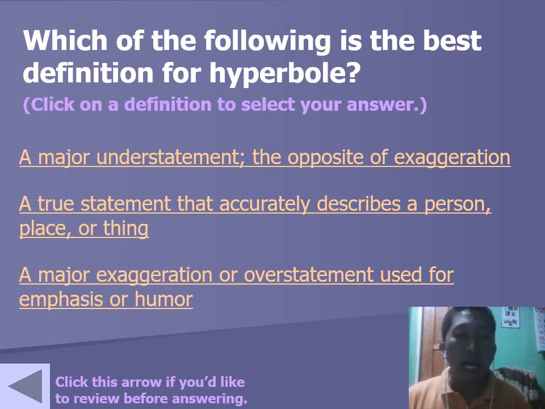C. A major exaggeration or overstatement used for emphasis or humor. What is your answer? Right, it's letter C. A major exaggeration or overstatement used for emphasis or humor. And that is hyperbole.